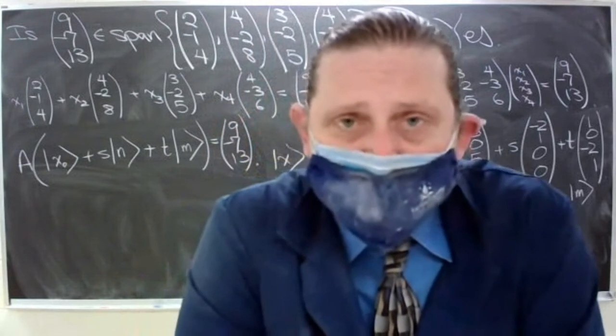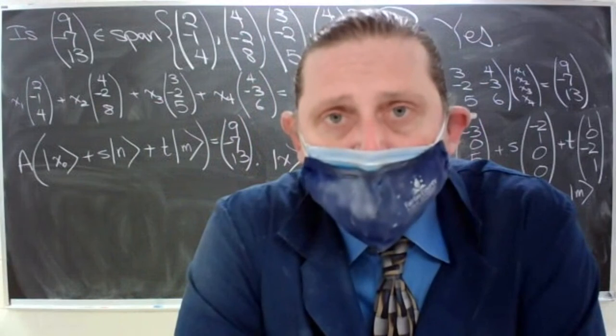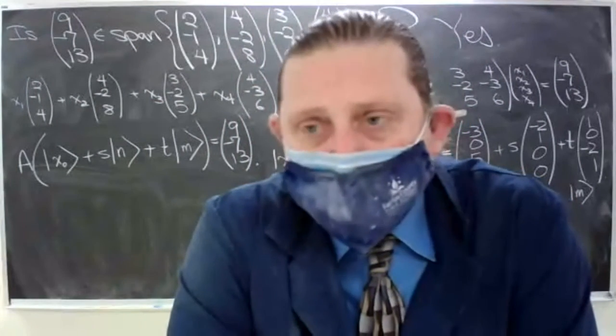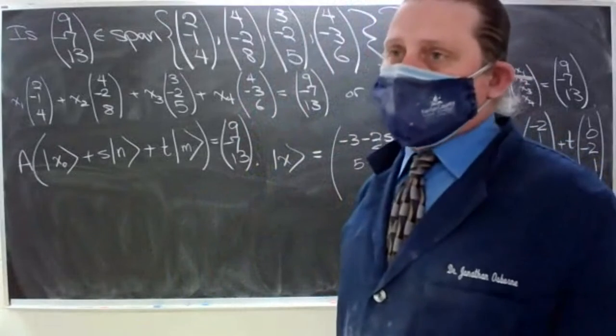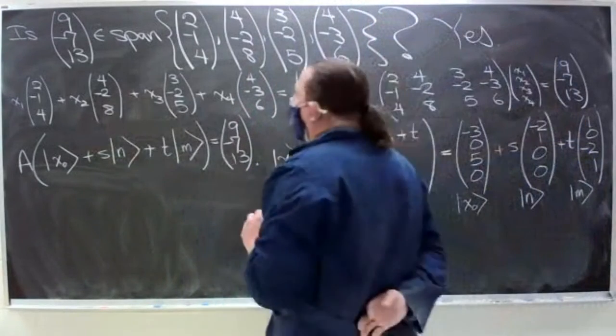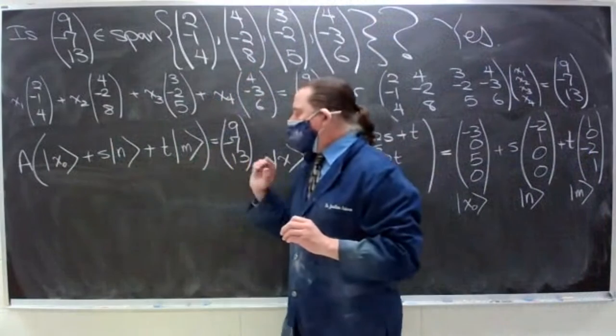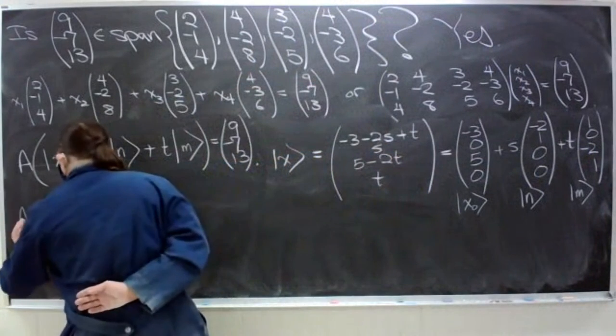Okay? Despite that fact, I can't always think of the derivative operation in terms of a matrix because it acts on an infinite dimensional vector space. We'll have more to say about that later. But because matrix multiplication is linear, I can distribute this.